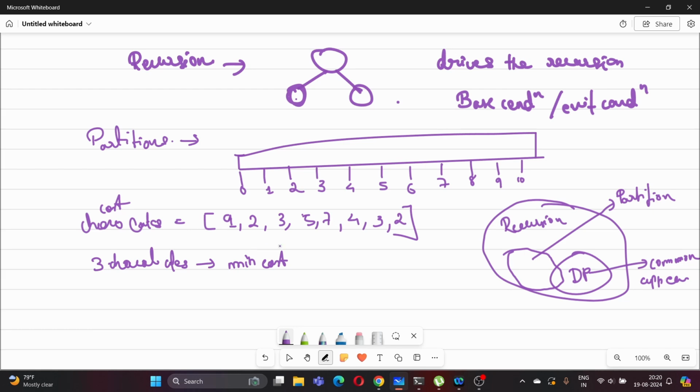Let's make it a little simpler. Let's say this is the grams of chocolates: 9 gram, 2 gram, 3 gram, 5 gram. And I need to take 3 chocolates, and I want to take the maximum amount. This sounds similar.